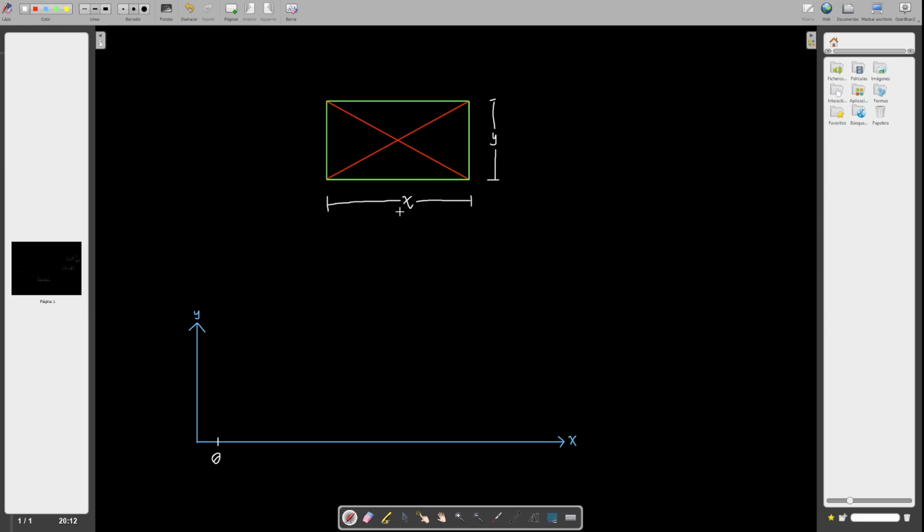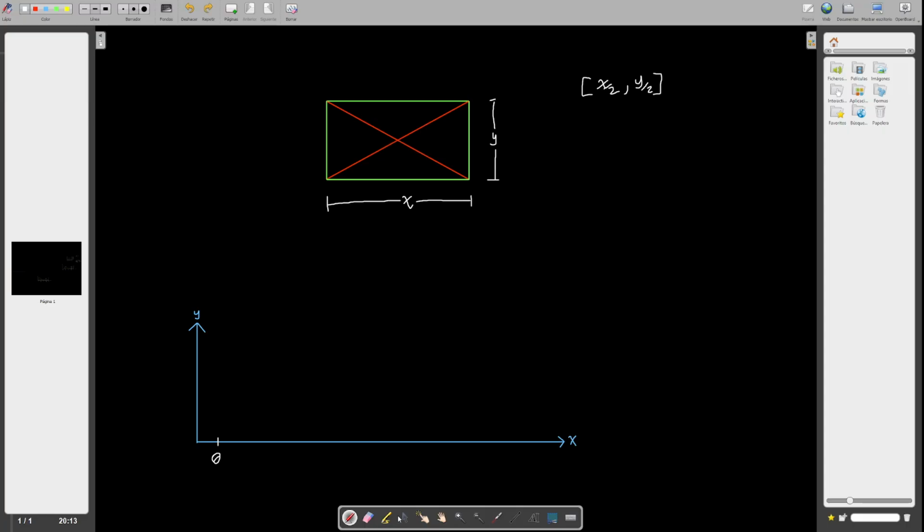For any rectangle with width x and height y, its middle point is going to be located at x divided by 2, y divided by 2, which is nothing else than this coordinate here.